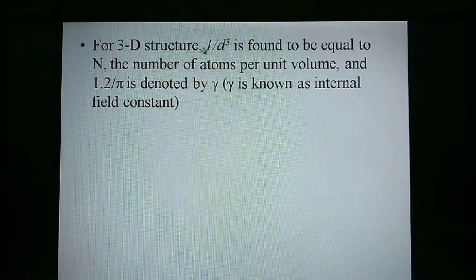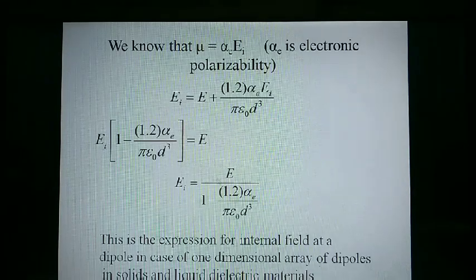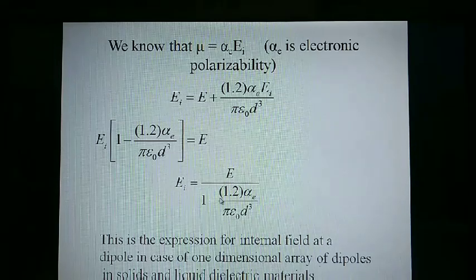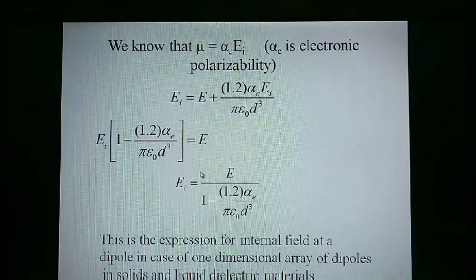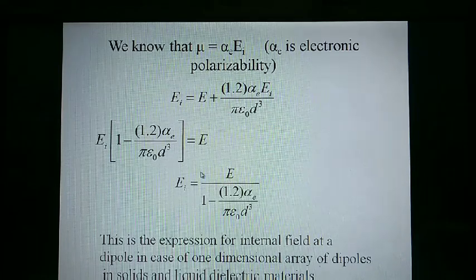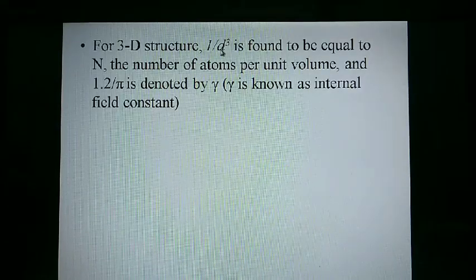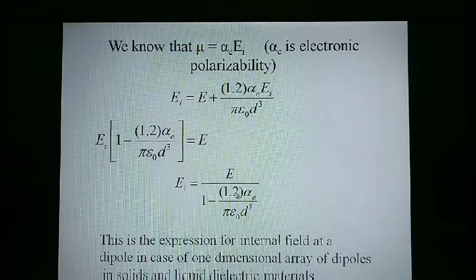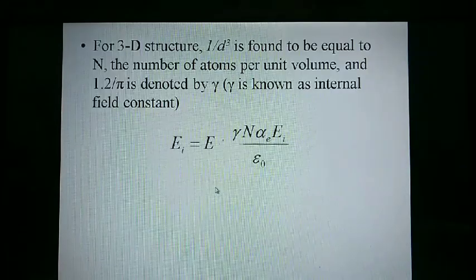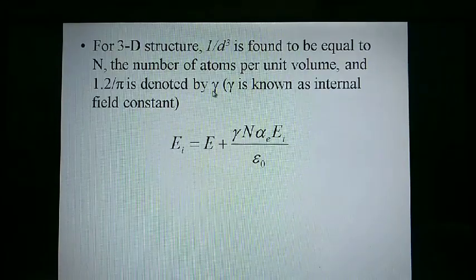So in the place of 1 by d cube, in the expression for the internal electric field, either in this equation or in this equation, we have to express capital N. And 1.2 divided by pi in the equation, you can have a symbol, that is gamma.